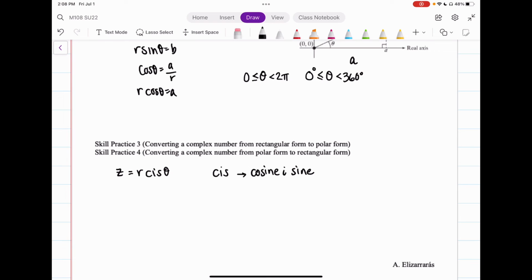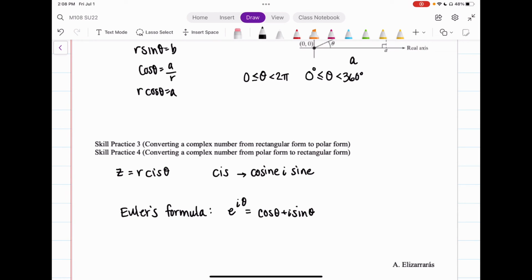In addition, we have Euler's formula. And yes, I know it looks like Euler, but it's pronounced Euler, O-I-L-E-R. That says that e to the i theta is the same thing as cosine theta plus i sine theta.